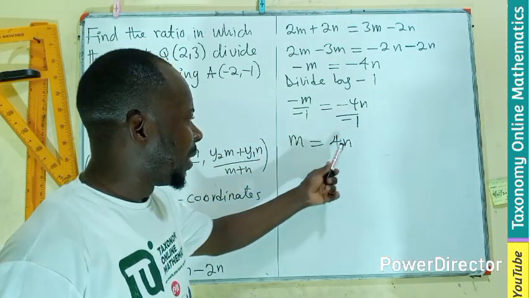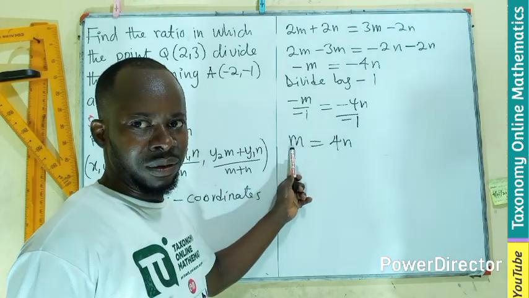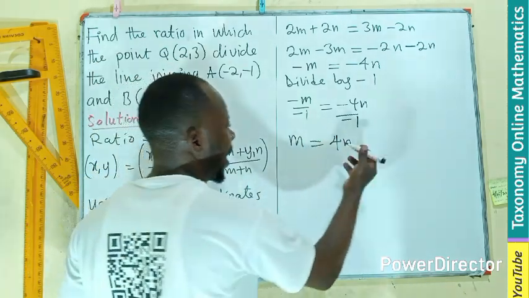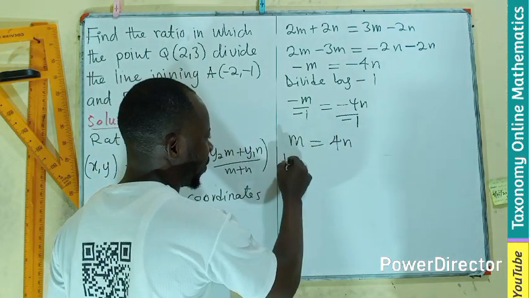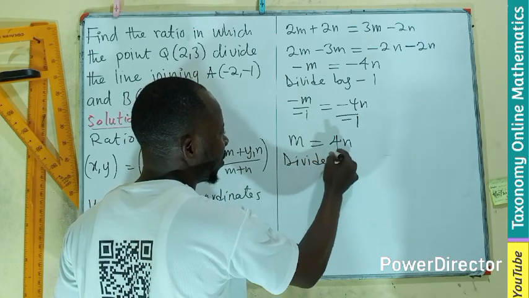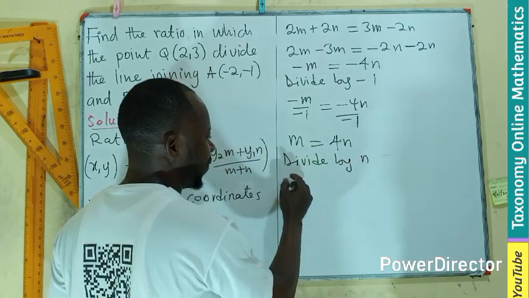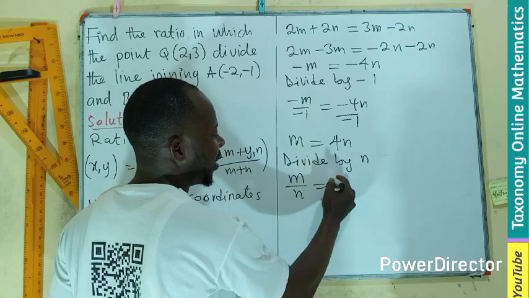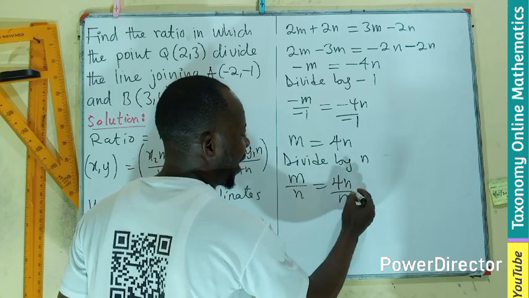We need the m here to come to divide it. So we divide now by n, giving you m over n equals 4n over n.